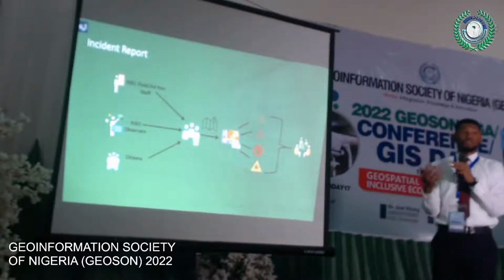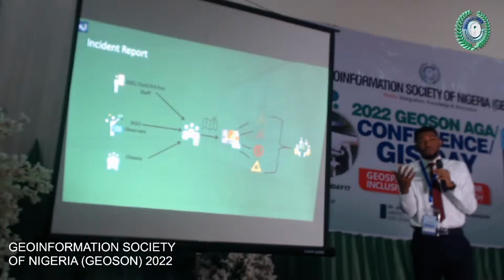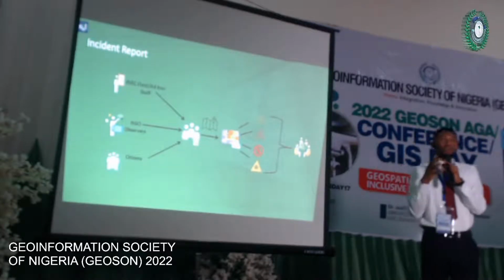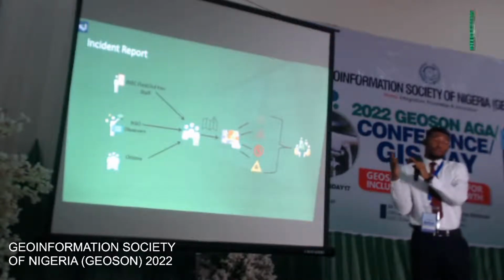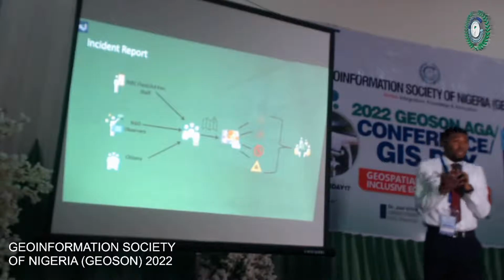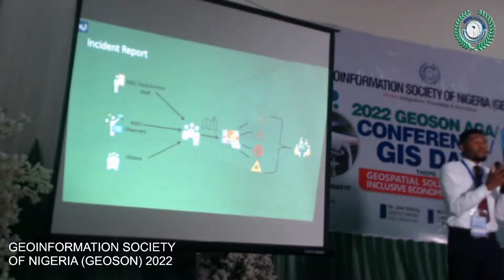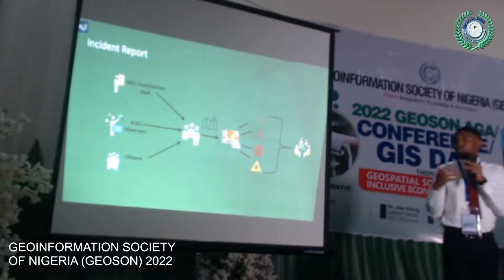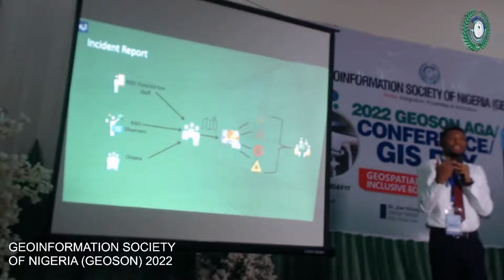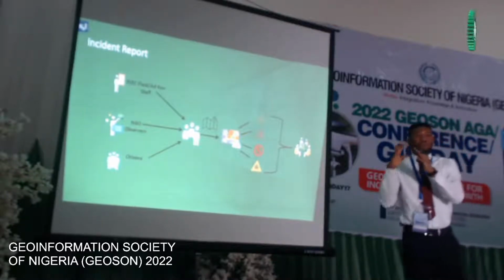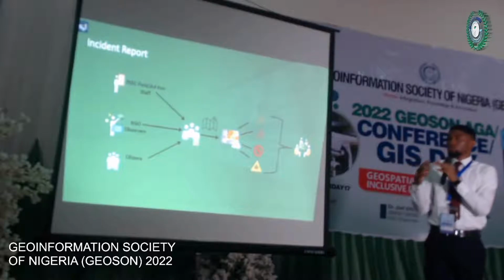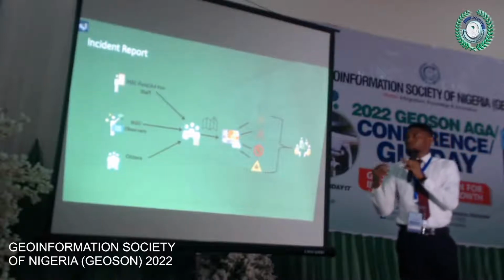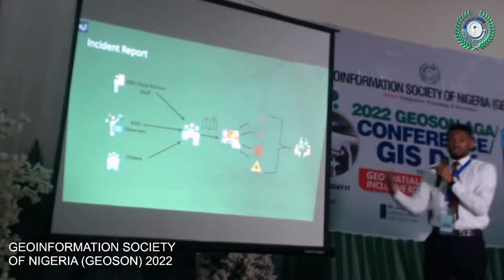We also want to look at why some local government areas have low turnout and some other local governments have high turnout. You want to look at what really influenced that. So this report can give you a holistic investigative report to make decisions.